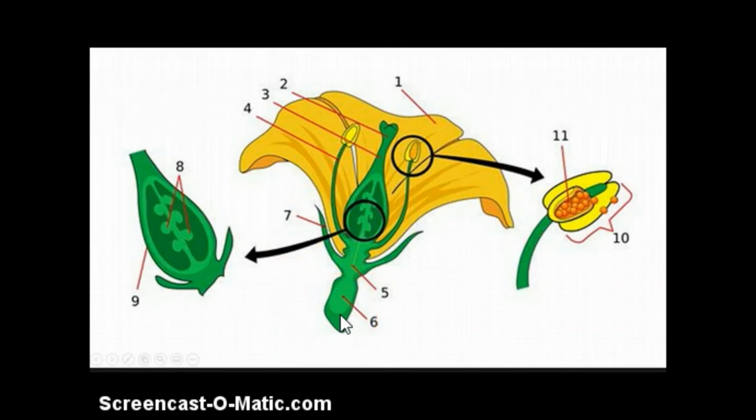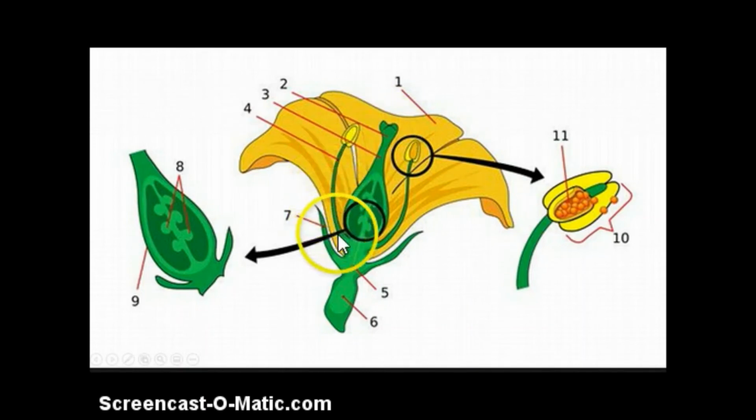What is this? This is a stalk. This is the stem. This is the stalk, and on this, these green colored structure number 7. These are the sepals. Number 1. These are the petals. Then this whole structure is the pistil.